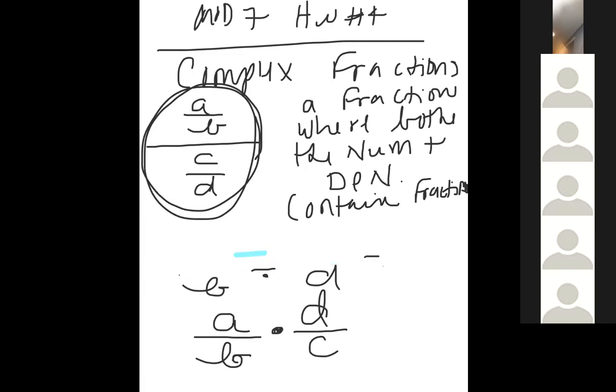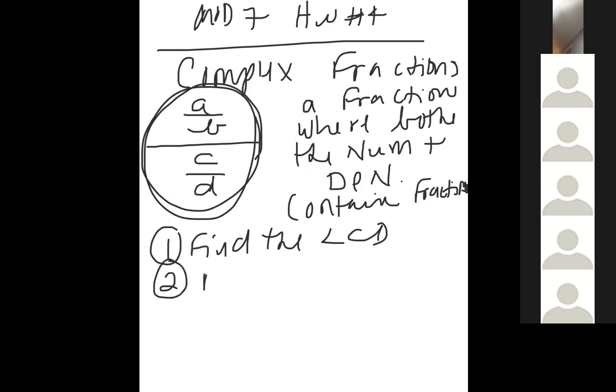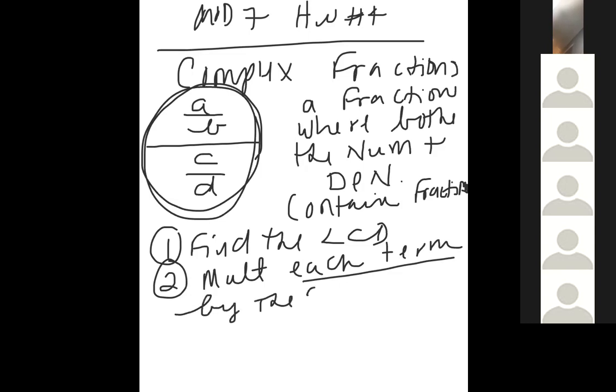So guys, here are the steps. Number 1, we have to find the LCD for all the fractions. Number 2, you want to multiply each term, every single term, guys, by the LCD. The reason you're doing this is to simplify the fractions out.